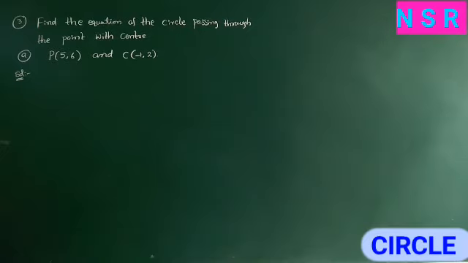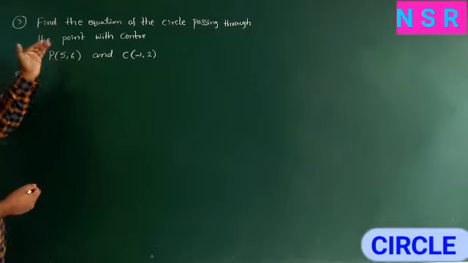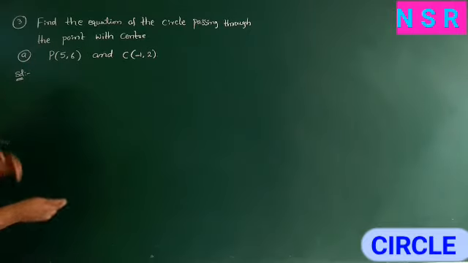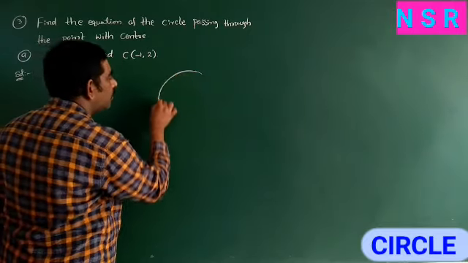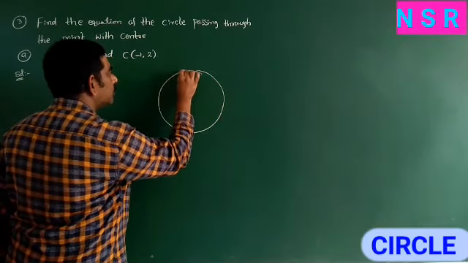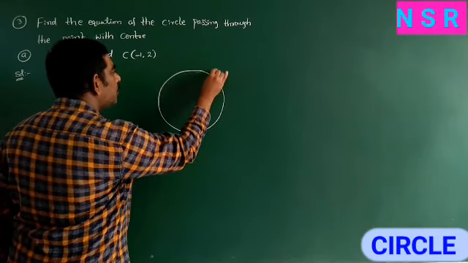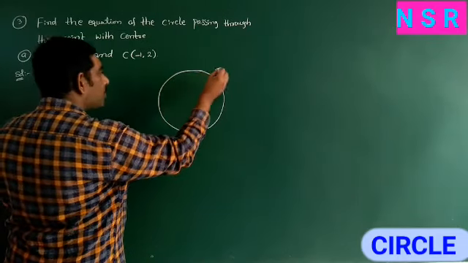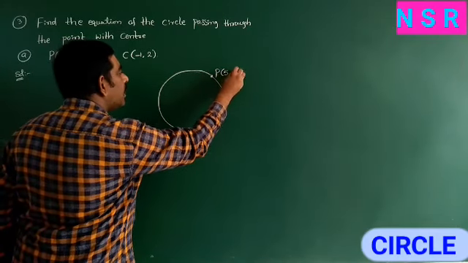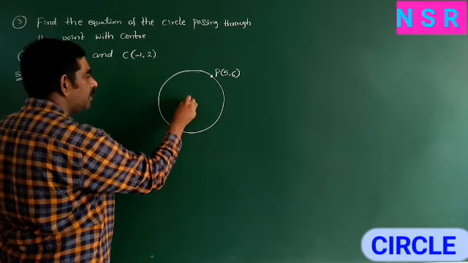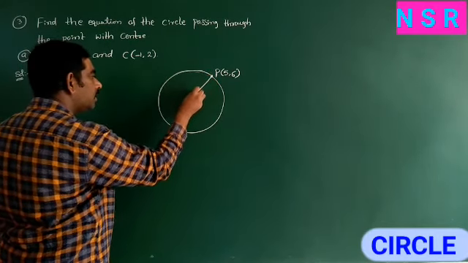So next, question number 3. Find the equation of the circle passing through the point with the given center. So the circle is passing through one point P, here given point P 5 comma 6, and also given is the center of the circle.